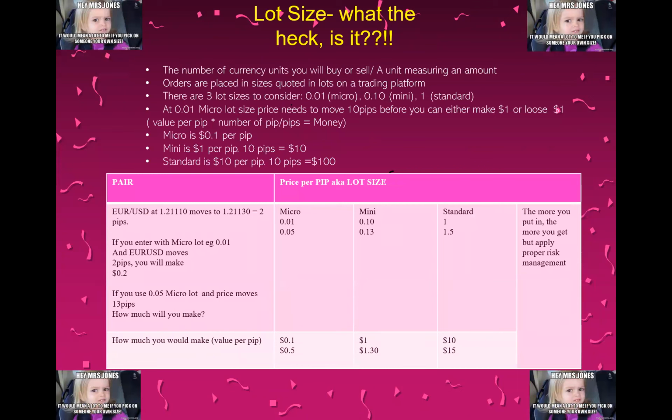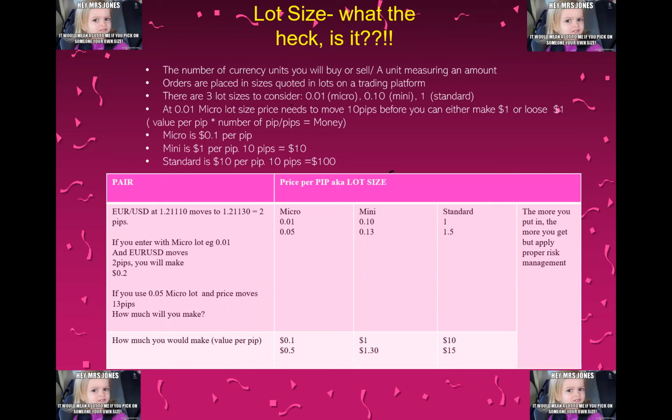Let me give you a hack if that will help. It's like a shortcut. What she mentioned is that, if you want to make the calculation easier, the value per pip is very, very important.